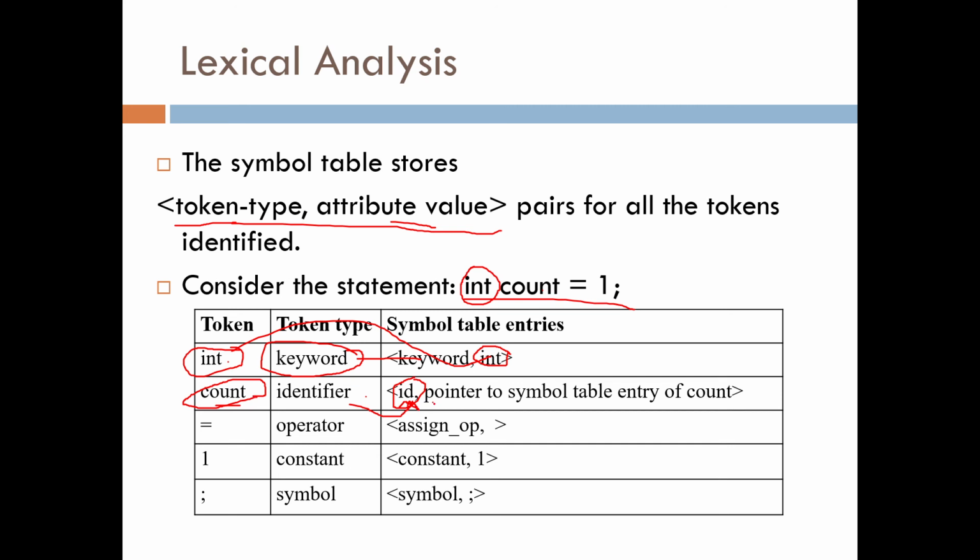So the second entry here, the attribute value, would be the pointer to that memory location. So this is a memory location where we have the count value. Okay, so we'll probably continue with this video as the second part in the next lecture.